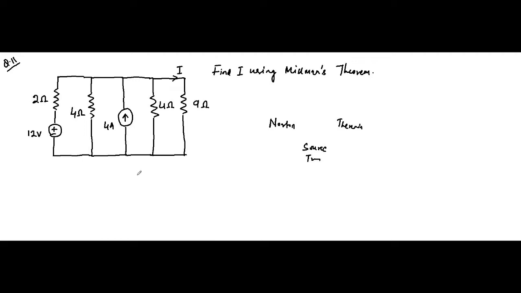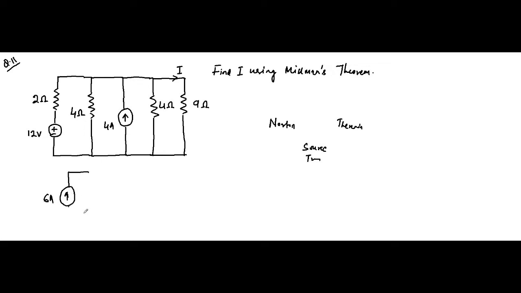In order to find the Norton equivalent circuit, we have to convert this voltage source into a current source because there is already a current source present. So this current source will be 12 volt by 2 ohm, that will be 6 ampere, plus followed by minus, that's why the current direction is upward.